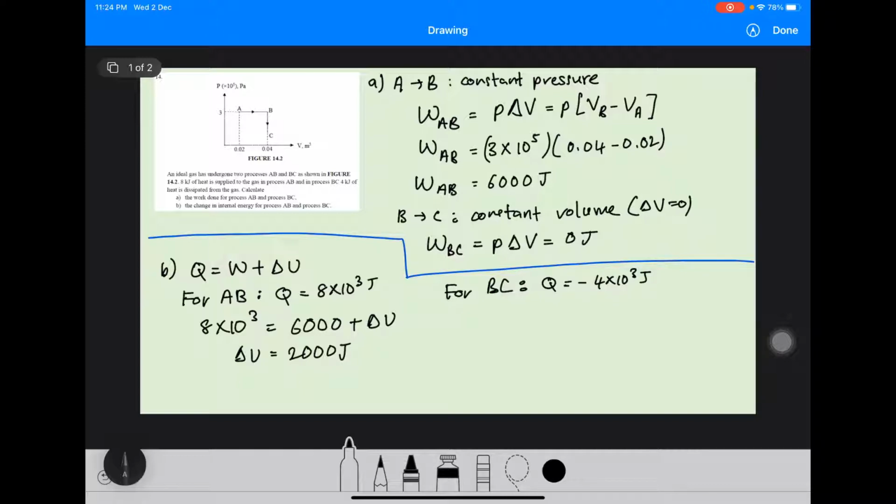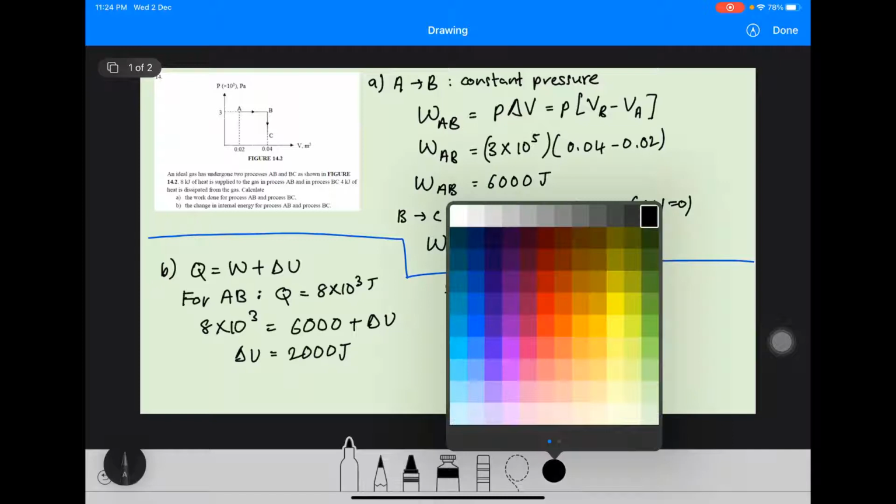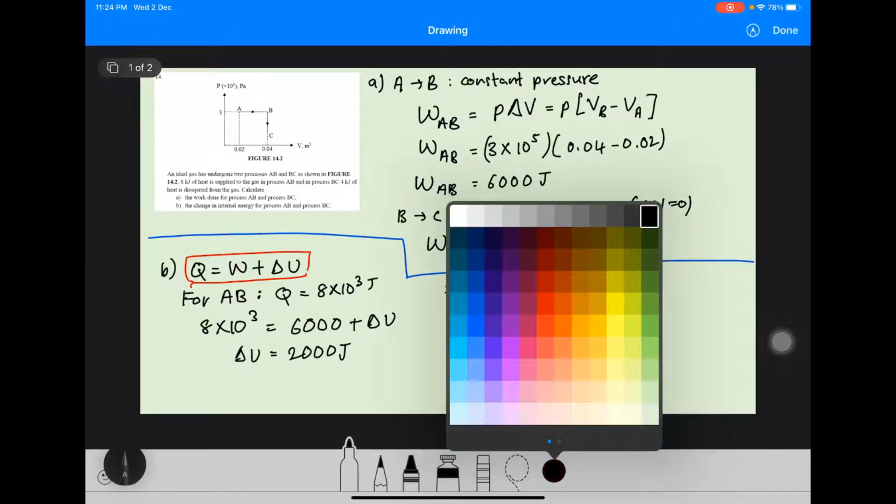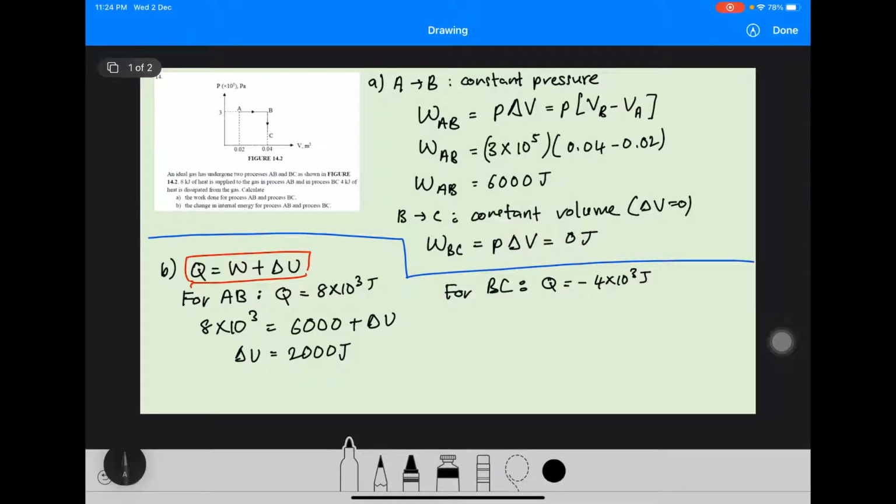Again, using the same formula, if I substitute Q as negative 4 times 10 to the power of 3 equals 0 from up here plus delta U, that means my delta U equals negative 4,000, or negative 4 times 10 to the power of 3.